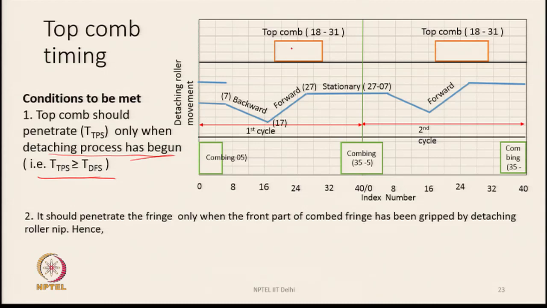So, the top comb penetration time should not be exactly 17. To be on the safe side, it should be little more than 17. It should penetrate the fringe only when the front part of the comb fringe has been gripped, as I have said already. Hence, TPS is going to be TDFS plus either 1 or 2 index number.